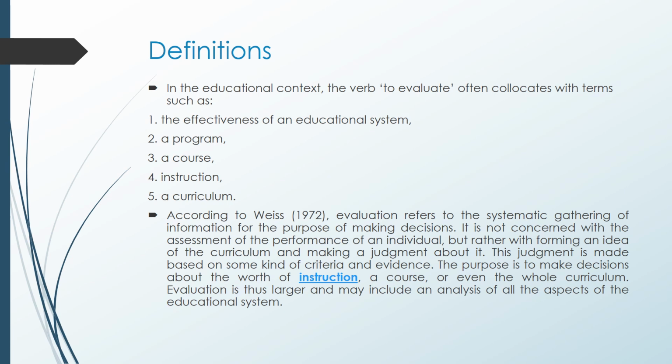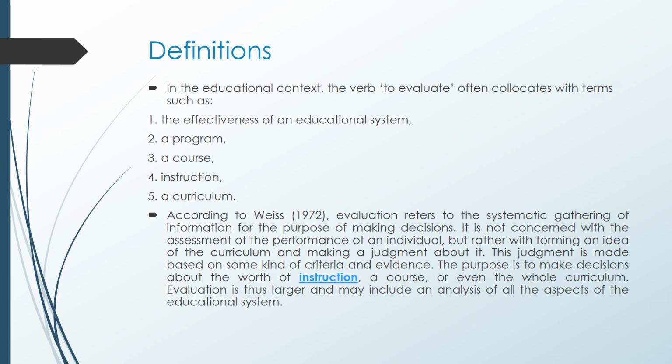A course, the instruction, the teaching method you have used, the curriculum, the textbook, the items that you have chosen to teach from the textbook. So you see here, evaluation in its general term is related to judging these items or these elements. According to this, Weiss in 1972 said that evaluation refers to the systematic gathering of information.